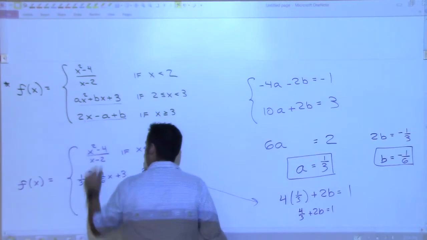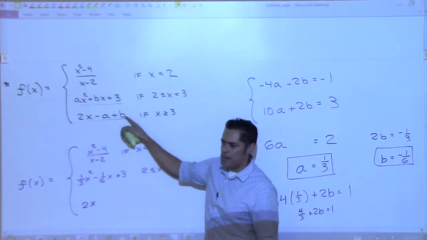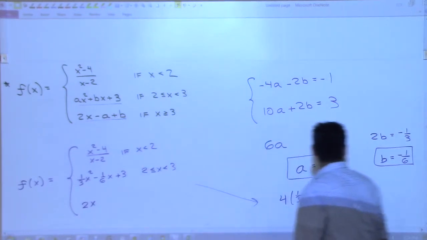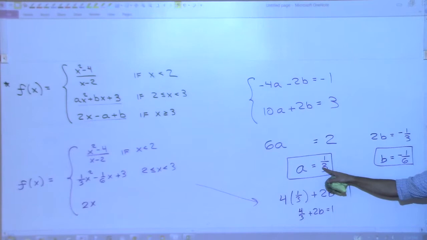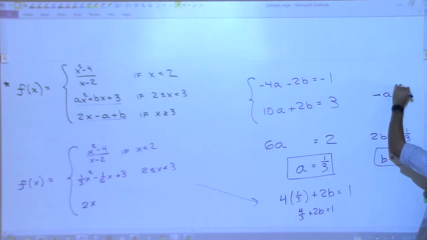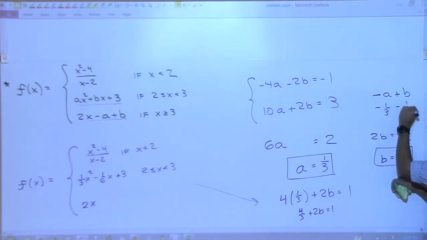And then 2x. Then I'm supposed to take negative a and add b. What's negative a, add b? Negative a is negative 1/3, right? Negative a is negative 1/3. And so if I take negative a and add b, I'm doing negative 1/3, and I'm adding this, which means minus this.